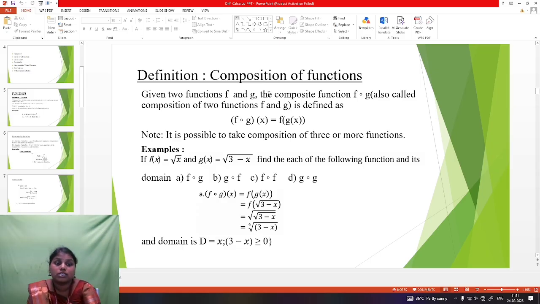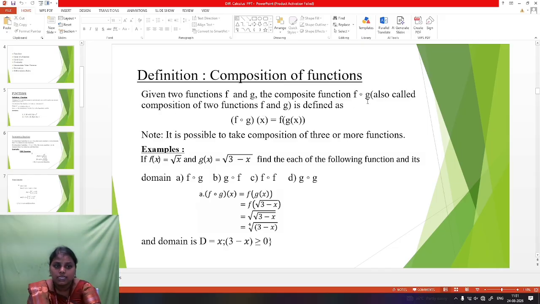The composite is denoted by a small circle. The composite function f composite g, with respect to f and g, is also called the composition of the two functions f and g.